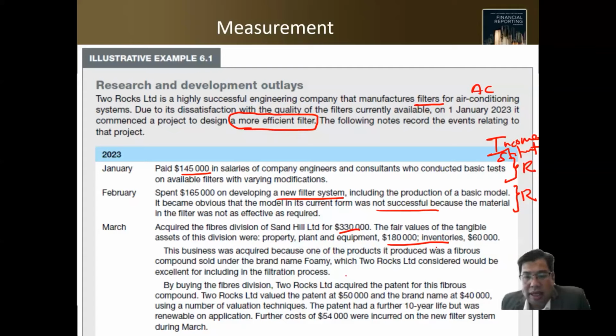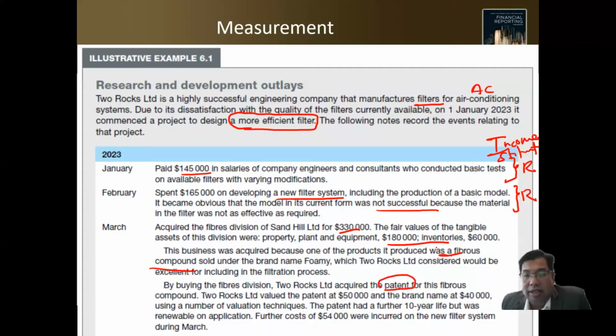So you are buying this company to get this fibrous compound, because the company produces this product. So you want to see whether it can help you with your research and development. By buying the fiber division, Turok acquired the patent for this fibrous compound. So the patent is the asset.